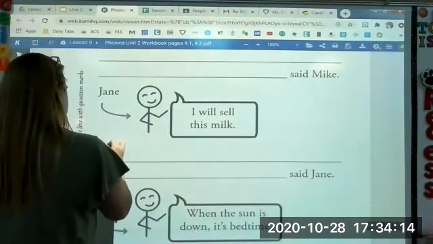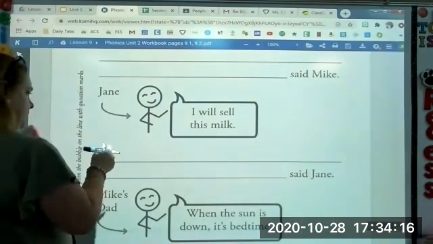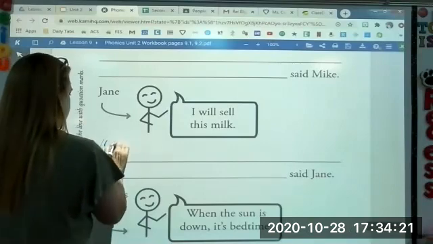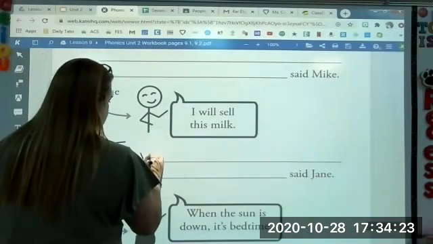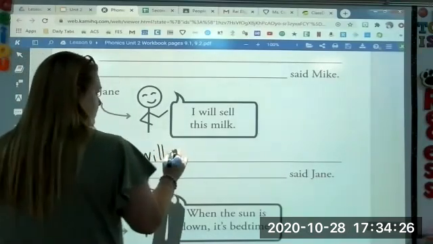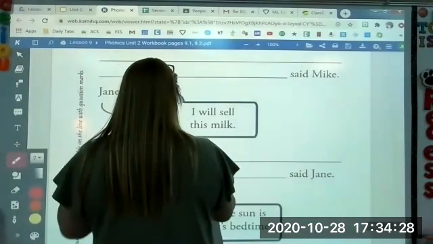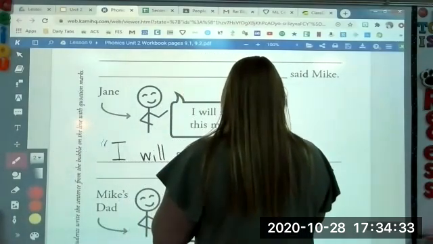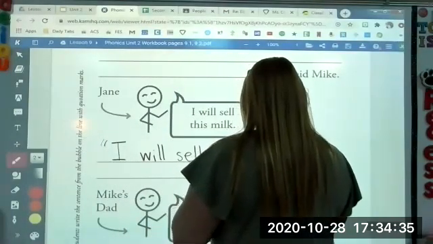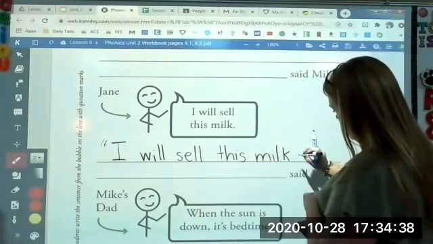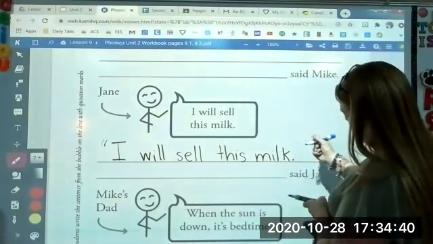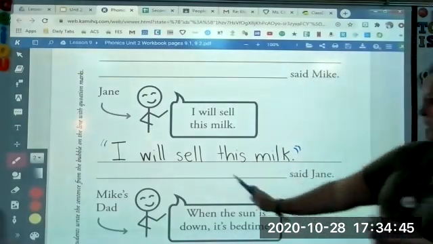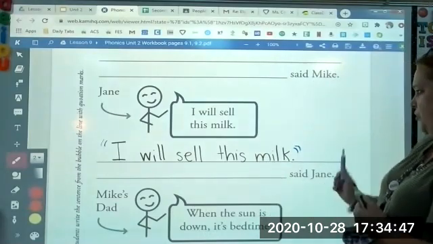So we need to put quotation marks. "I will sell this milk." And then a period, because that's the end of her sentence. Quotation marks, said Jane. "I will sell this milk," said Jane.